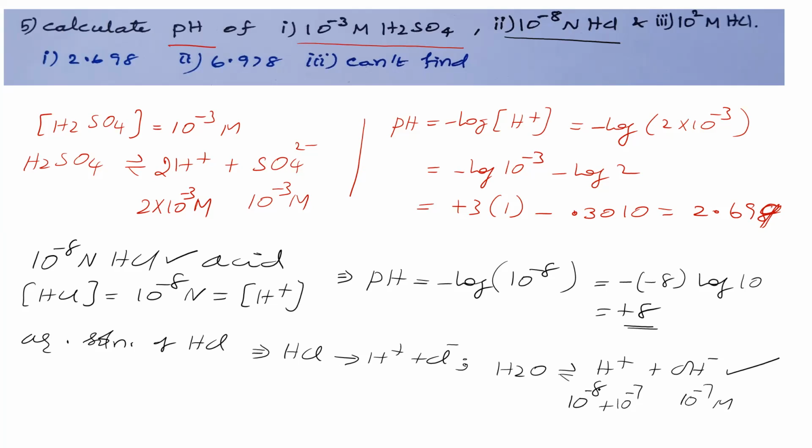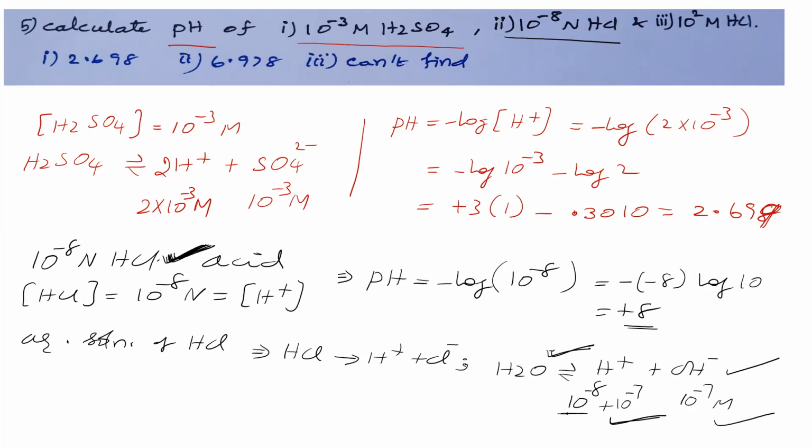But now in this aqueous solution of HCl, what equilibrium is possible? This equilibrium is possible. Shall we say concentration of OH minus in this solution is 10 power minus 7 molar? Then concentration of H plus, shall we say 10 power minus 8 plus 10 power minus 7.